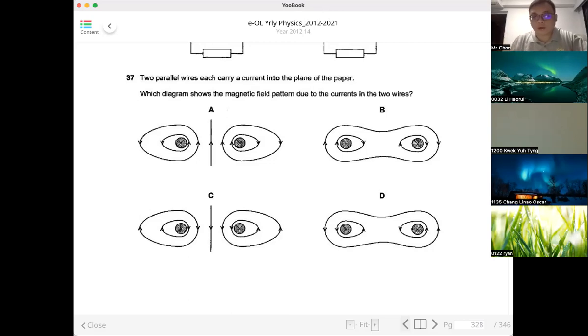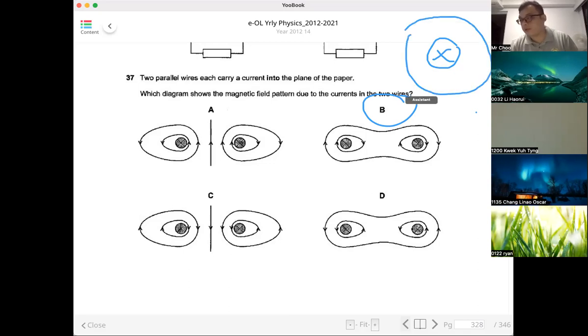Okay, Oscar, you're correct. So for this question, the answer is B. Because if you have a cross like this, where the current is going inside, normally your magnetic field line will be in a clockwise direction.